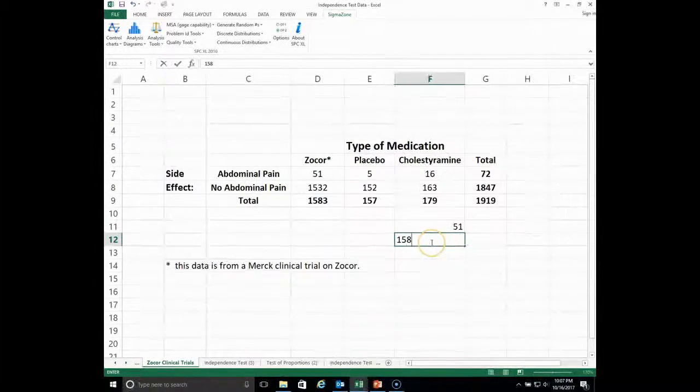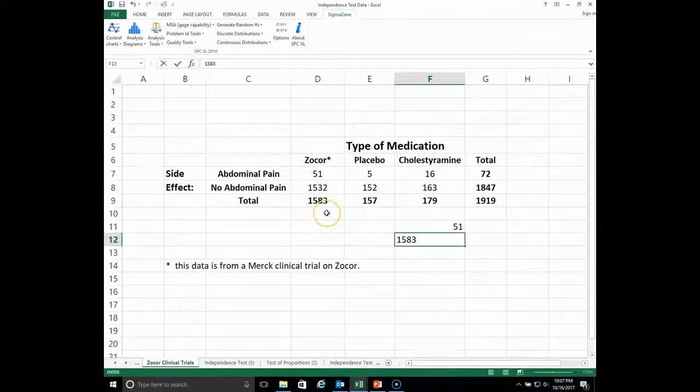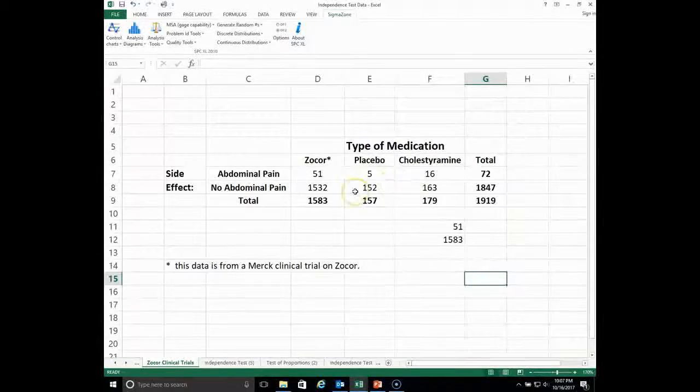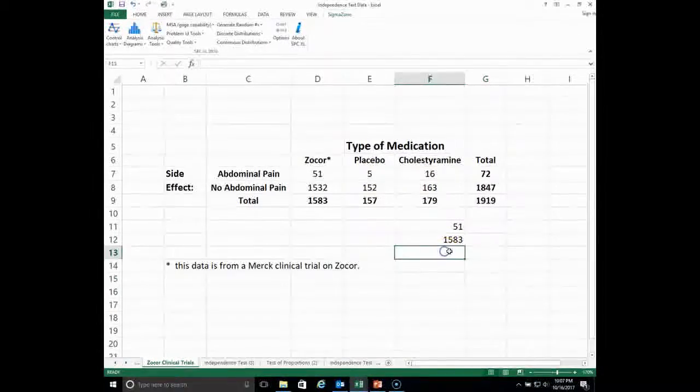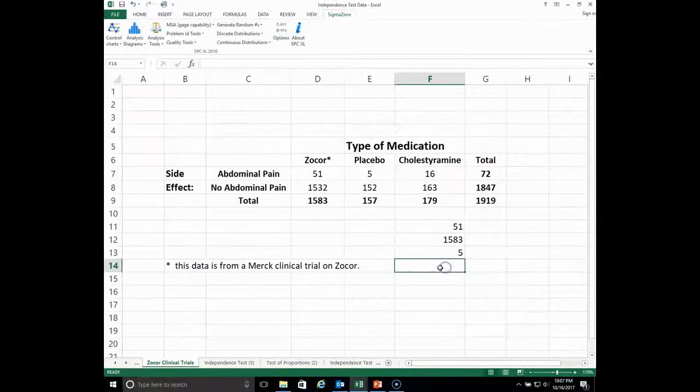Remember, we need a numerator and a denominator. The total number taking Zocor was 1583, of which 51 have abdominal pain. And for the placebo, it's 5 divided by 157.